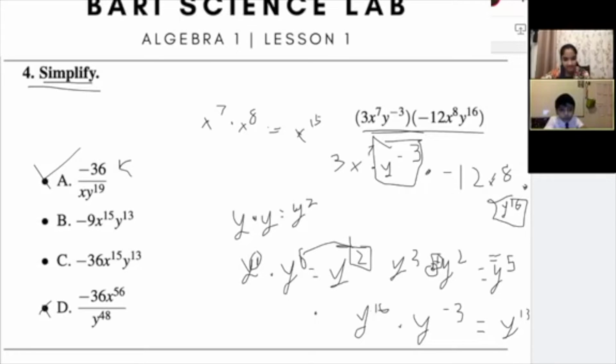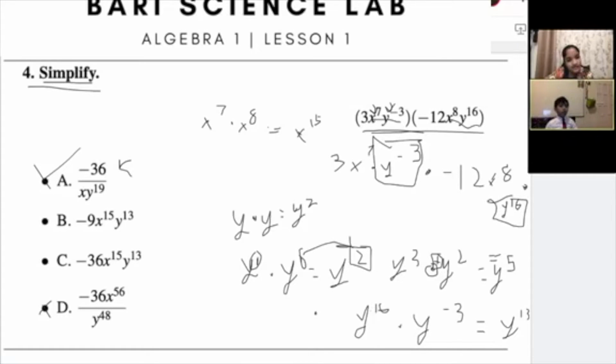Now, are there any more variables we have to multiply? We already multiplied the x and the y. Are there any more variables we need to multiply? Negative 12, well, the negative 12 and the 3 are called coefficients.